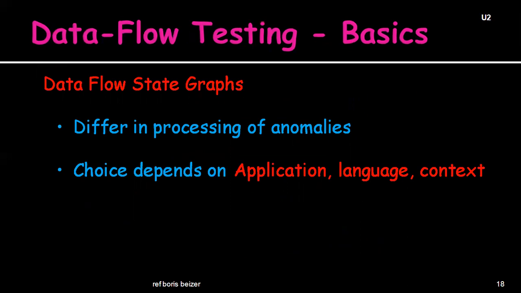So the anomalies that arise depend on the application where we are using it, the language we are using, and the context of that particular situation. So based on the situations, the place, the person, and the state, the choice of the anomalies is going to depend.